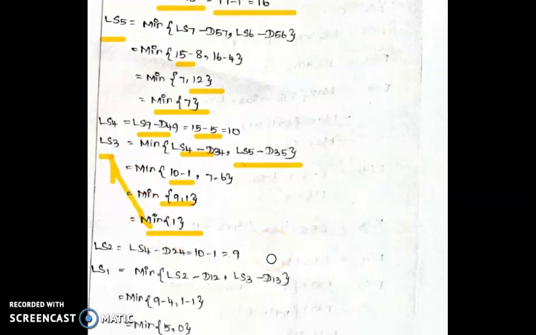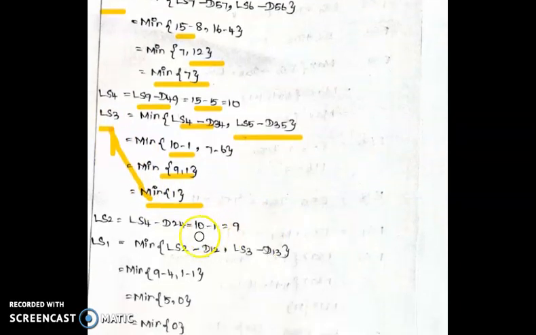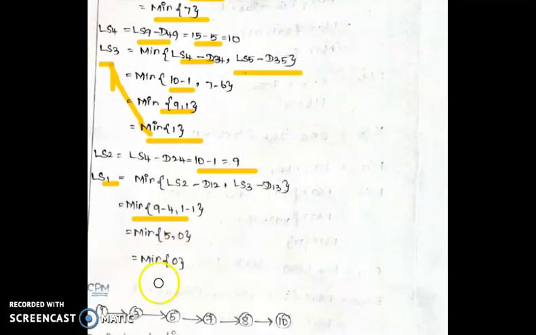And LS2, LS2 minus D2, 10 minus 1, 9. Again LS1, we should find two possible ways, one comes under 2 and one under 3 plus 1, so we have to find the minimum value, 9 minus 4, comma, 1 minus 1, minimum value will be 0.